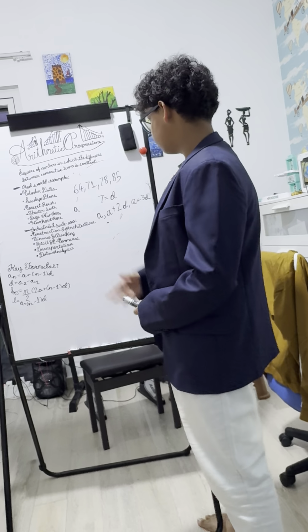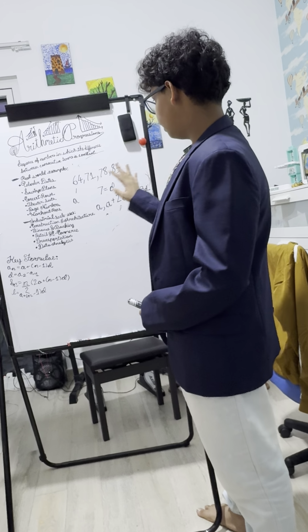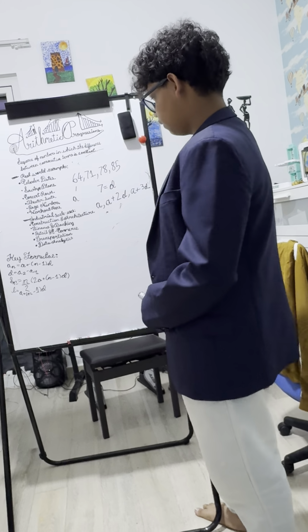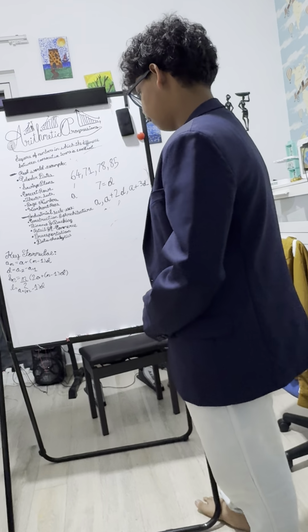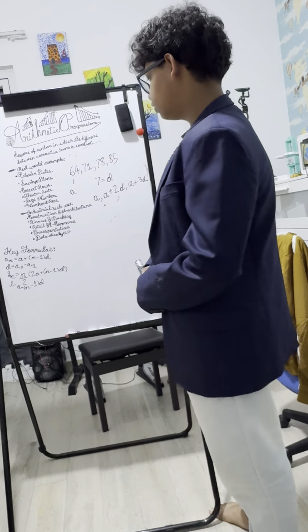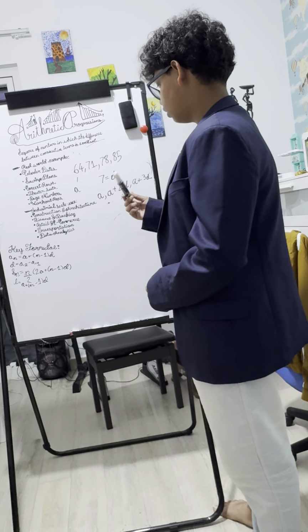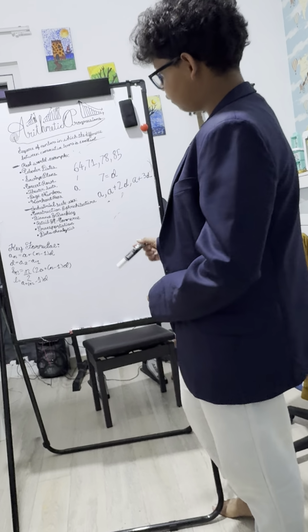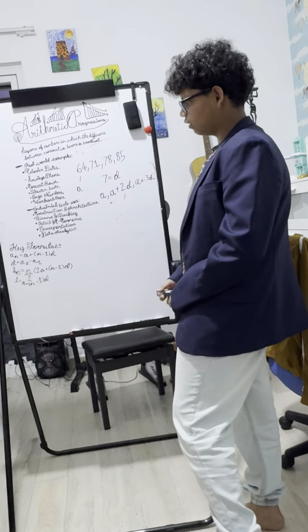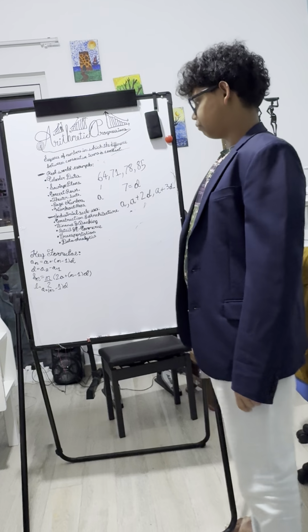So here n is 4, a is equal to 64, and d is equal to 7. You can substitute and find out that the last term you'll get is 85.